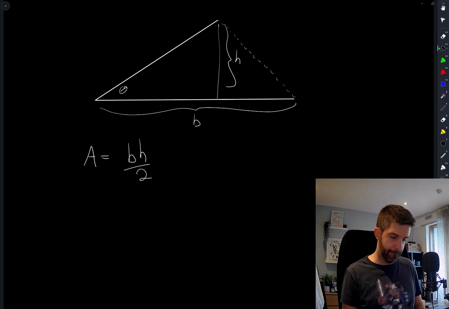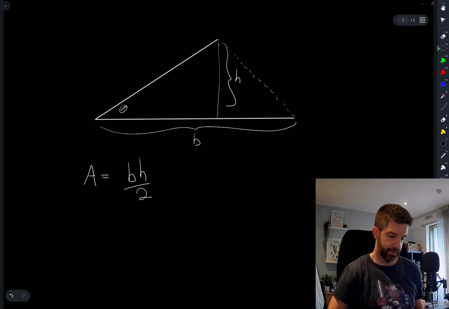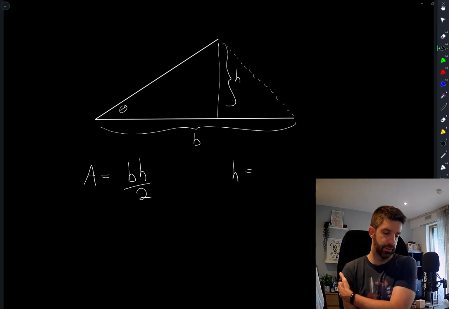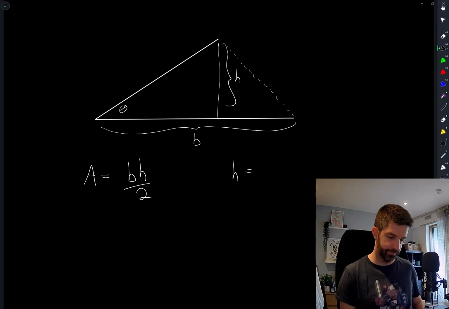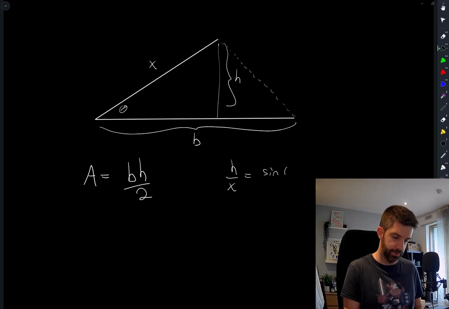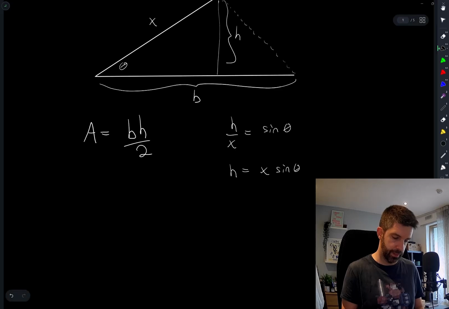And the height is equal to, well, if I call that x, h over x is equal to sine theta. So h is x sine theta.